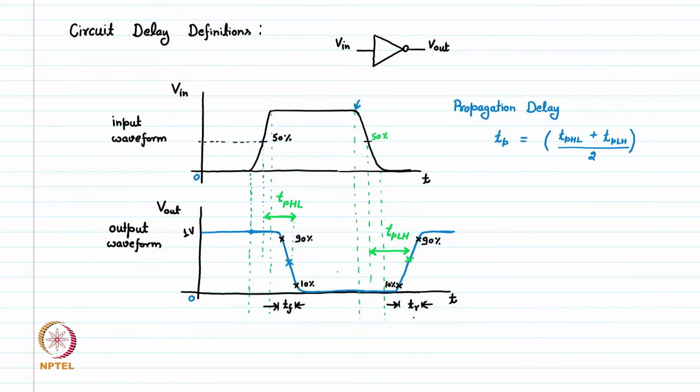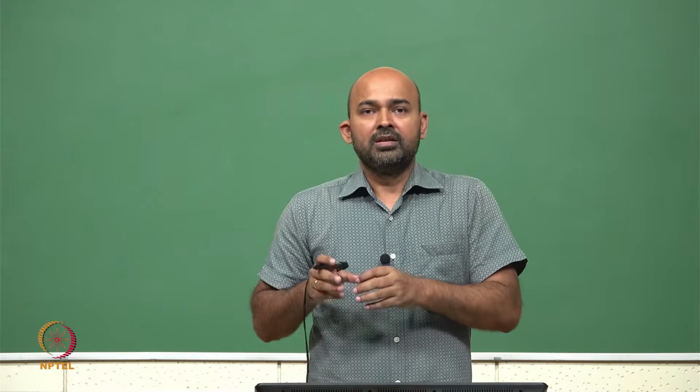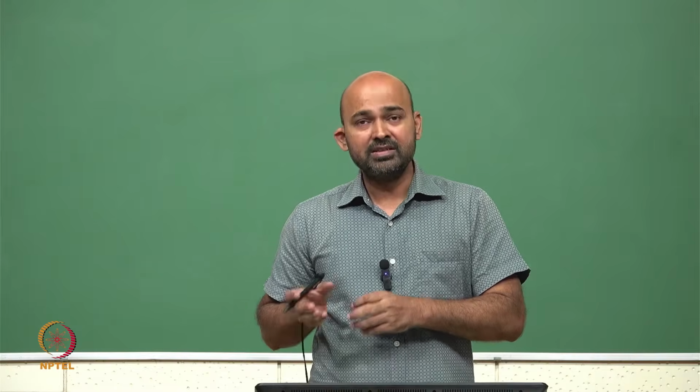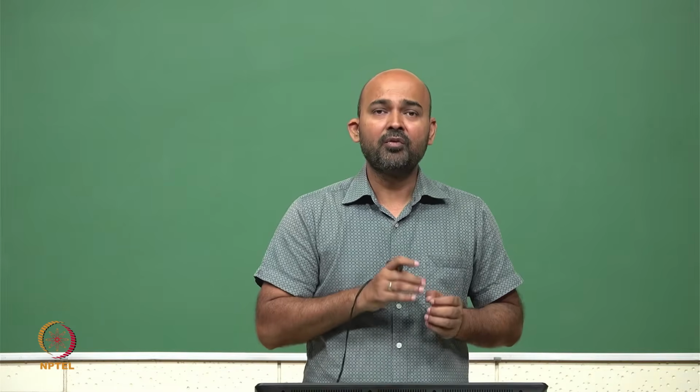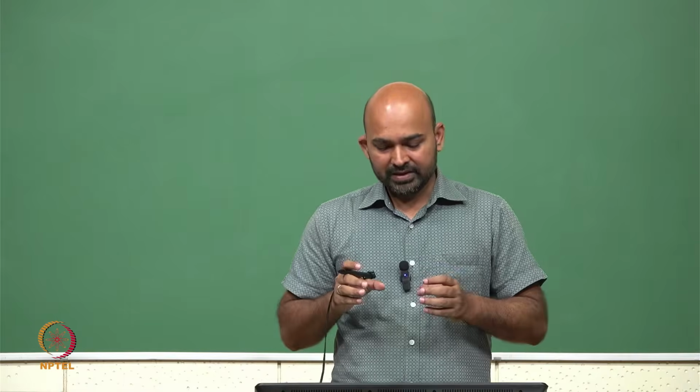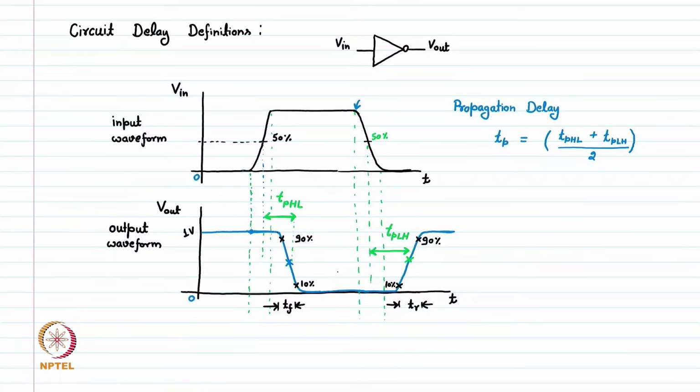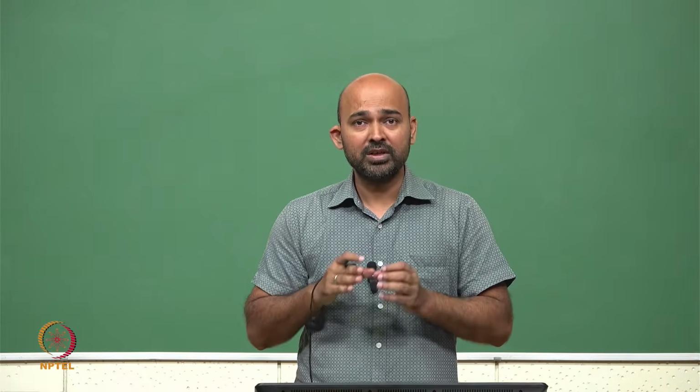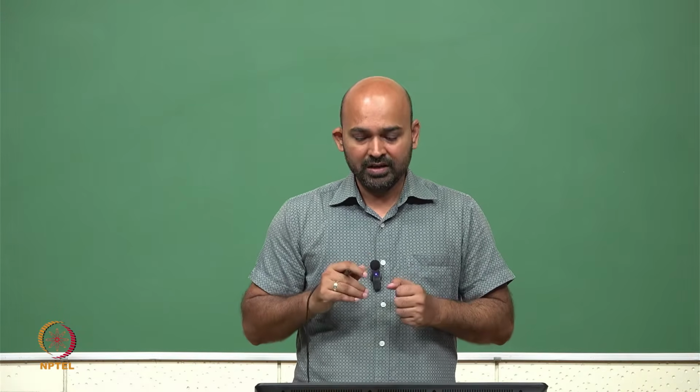So we discussed 4 delays. One is the rise time, one is the fall time, the other one is the rise delay, and the other one is the fall delay. So when we say rise time and fall time, these are only dependent on the output waveform, how fast the output is changing its state.